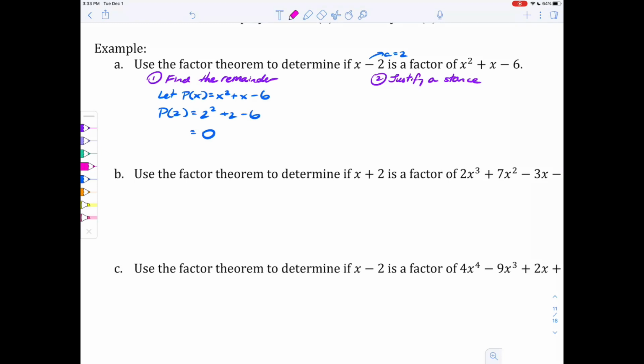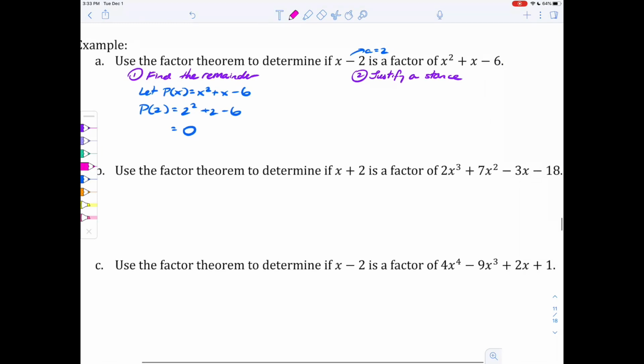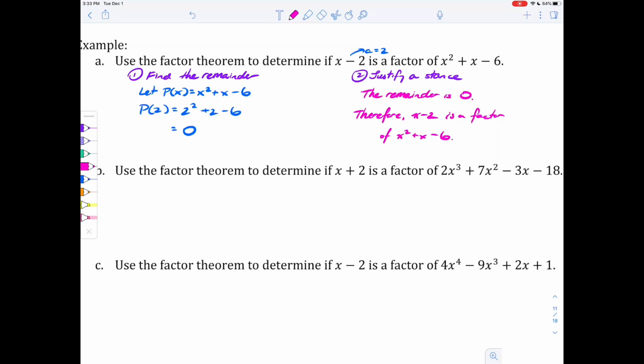So I've got that info, and from that info, I can justify a stance. The remainder is 0. Therefore, x minus 2 is a factor. Neat.